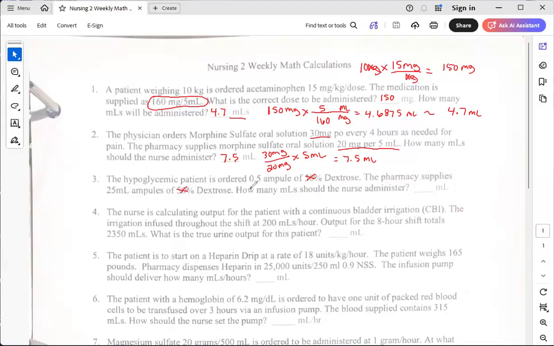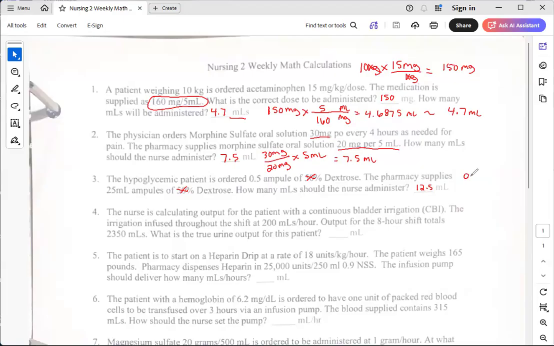It's half water. What you do need to know and realize is that, and I'll show you two different things. So it says the order is 0.5 ampule, and then it says each ampule is 25 milliliters. So you're just going to give half of the ampule. So the answer would just be 12.5 without doing any kind of math setup. But if I were to set this up, this is what I would do.